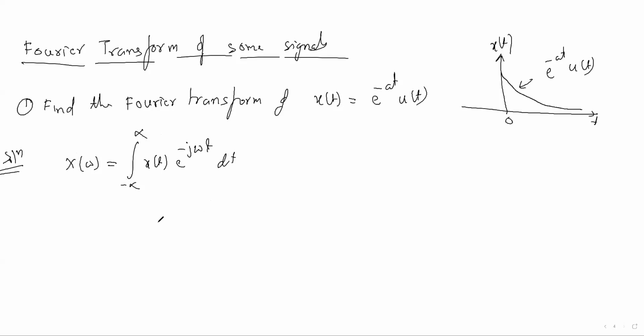So put x(t) here: minus infinity to infinity of e to the power minus at u(t) dt. We can change the limits to 0 to infinity because u(t) is there. So we can write the integral from 0 to infinity of e to the power minus at times e to the power minus j omega t dt.